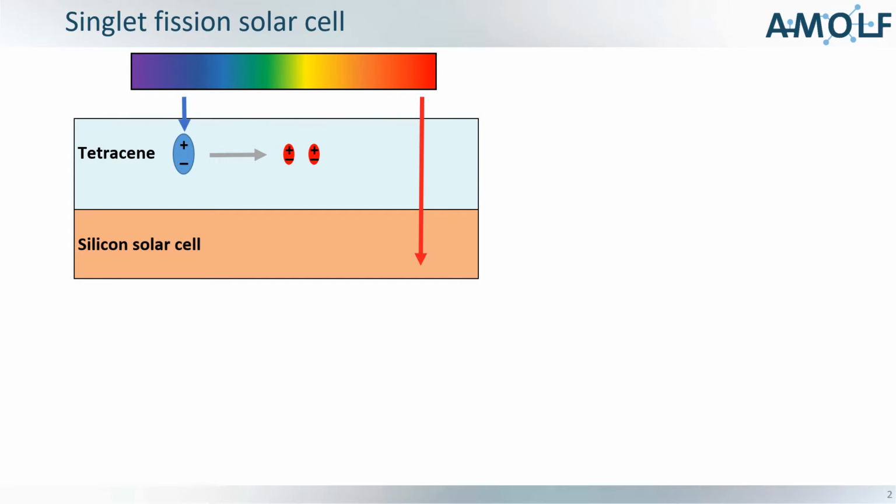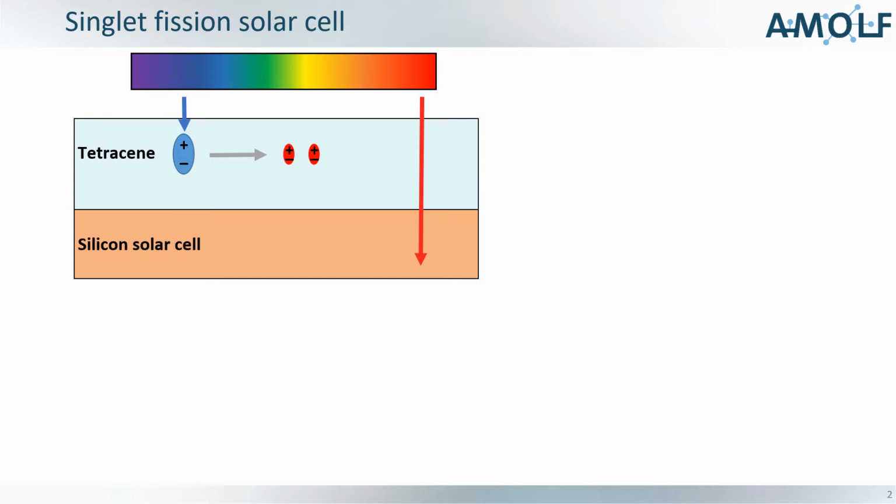That would mean that we could get two electrons for the price of one higher energy photon.